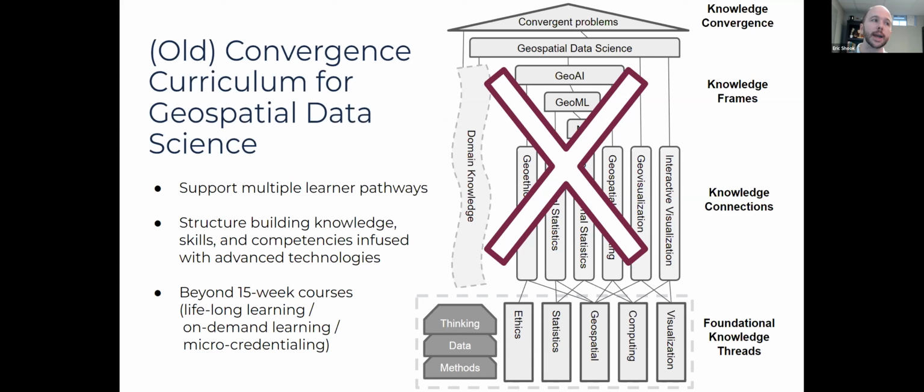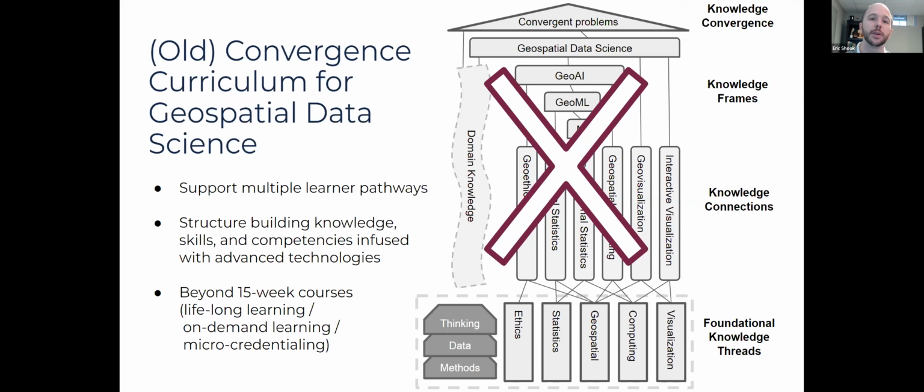The whole idea of this curriculum is to support what we call multiple learner pathways. Through this curriculum material, we should support a hydrologist learning some geospatial information and things like geovisualization so that they can contribute to convergent problems, just as much as a GI scientist should be able to learn something like geoethics, if that's a weakness for them.